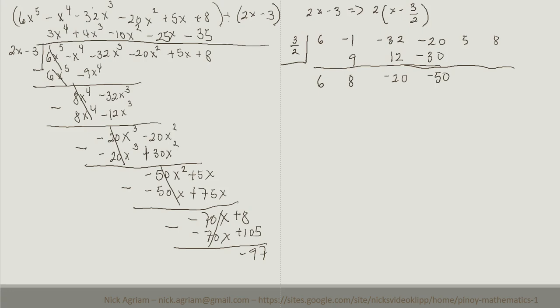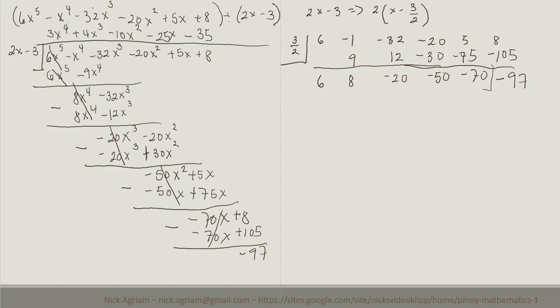Negative 50 multiplied by 3 is 150, that's 75. That's negative 75. Then we have negative 70, negative 70 times 3/2 is negative 105, so we have negative 97.